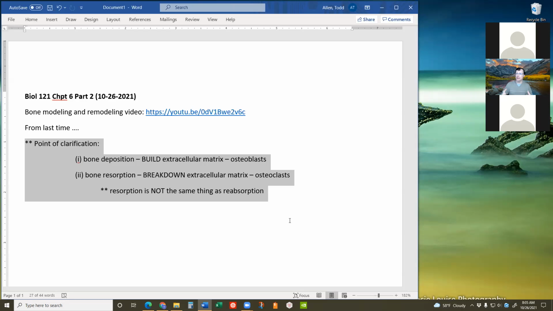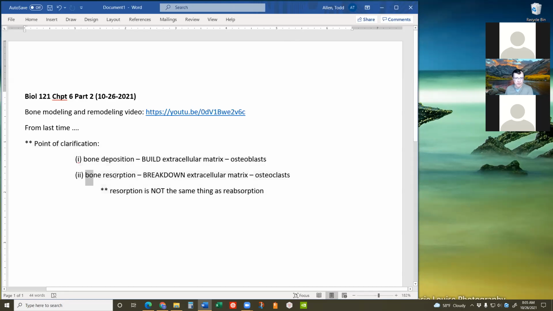If we have the ability to build extracellular matrix, then we also at times in our lives need the ability to break that extracellular matrix down, right? I mean, if our calcium levels are too low in our bloodstream, then we need to pull calcium out of the extracellular matrix of our bone, and we do that by a process known as resorption. Resorption is the responsibility of cells called the osteoclasts, which again you see in figure 6.2.